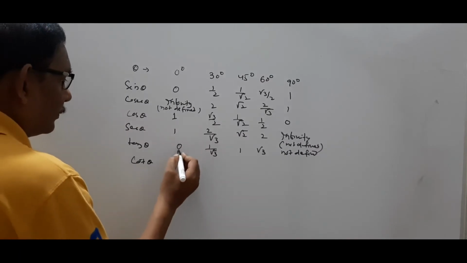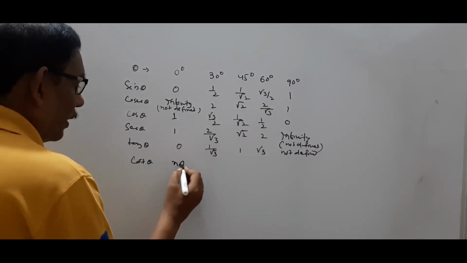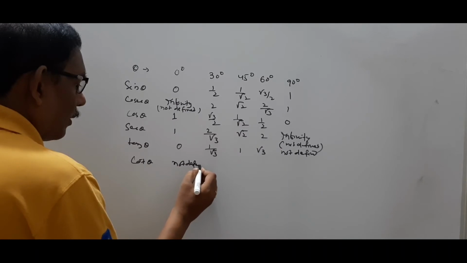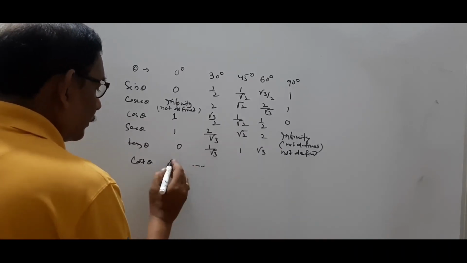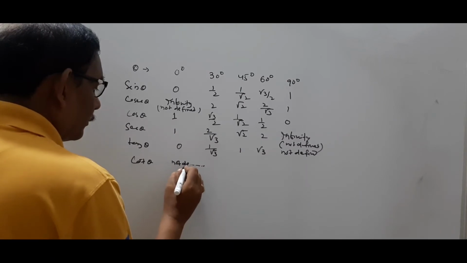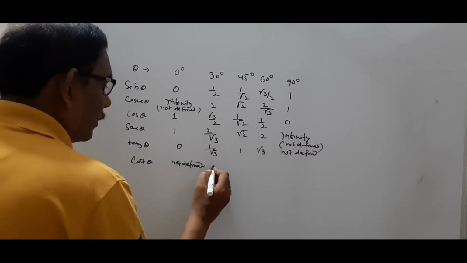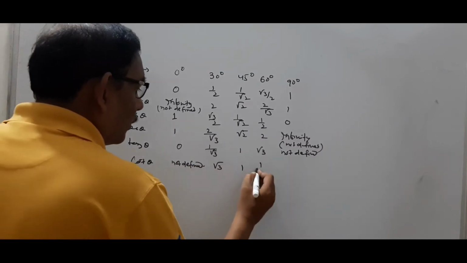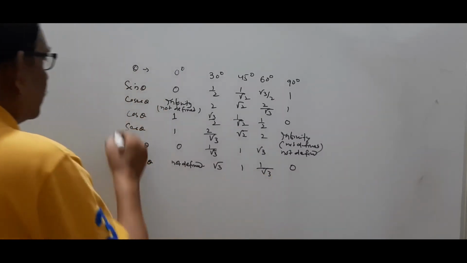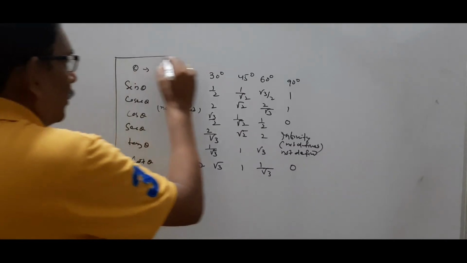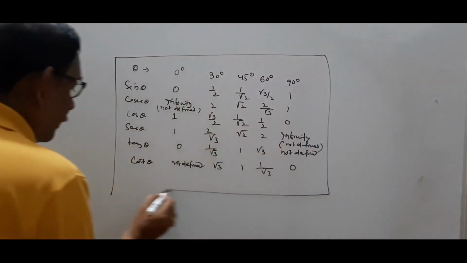Cot theta: not defined, root 3, 1, 1 by root 3, 0. So this is a table of the T ratios for different angles. Some examples based on angle.